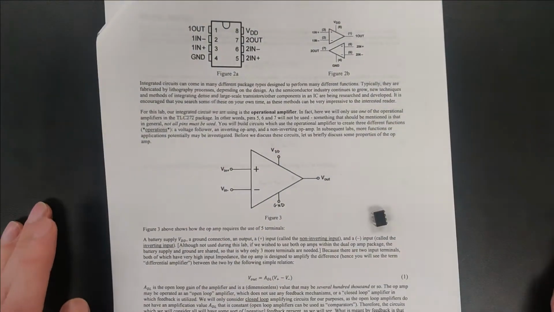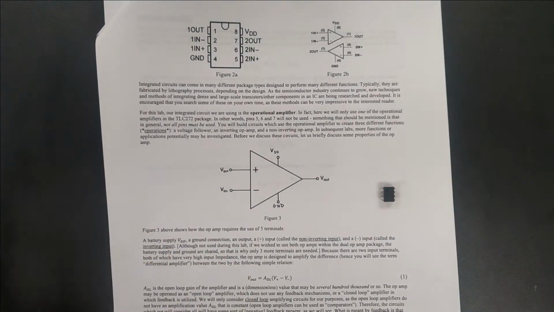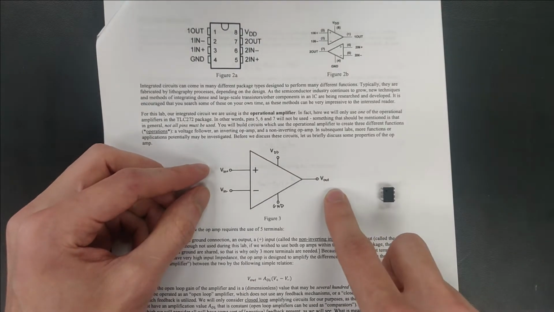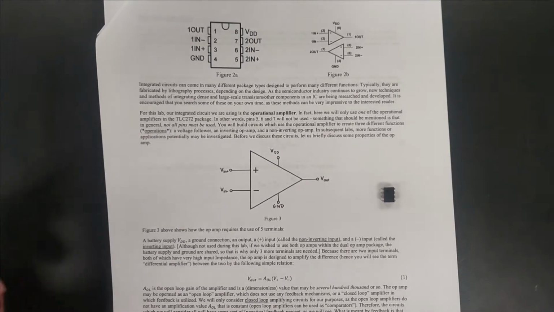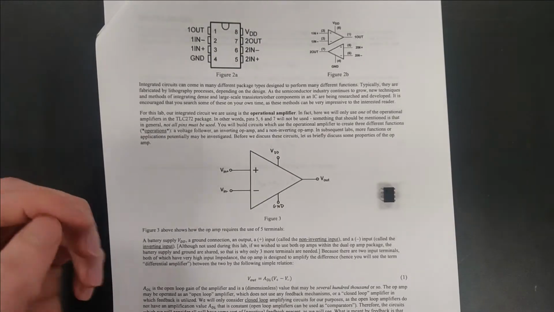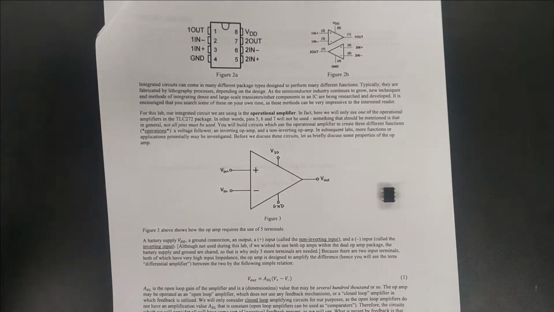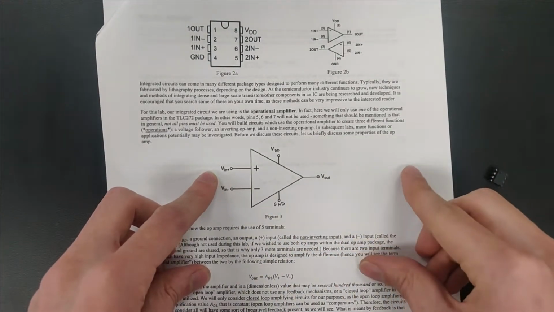So let's just talk about the op amp. You can see schematically this is how it's represented. And we have 2 inputs and 1 output. So you can see that there's both a positive and negative input. What that means is that whatever signal is being put into the op amp, it comes out from the V out as an amplified version of that signal.